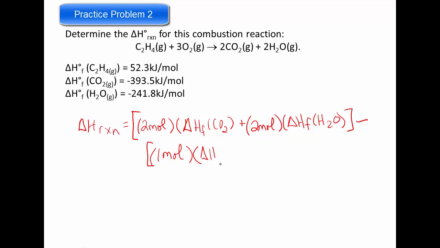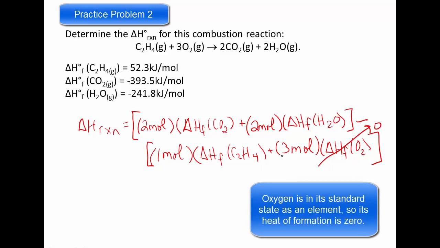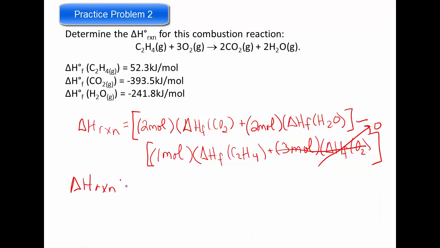And oxygen has a coefficient of 3. Now, if you recall, the heat of formation for oxygen is equal to 0, so we know that we can just cross out this part. And so we're going to plug in our numbers now.